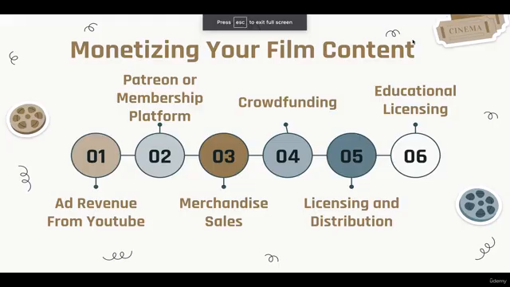Okay, so let's move on to the second business model: Patreon or membership platform. You should consider creating a Patreon or similar membership platform where fans can support your work by subscribing for exclusive content, early access, or other perks related to your AI generated films. The business model is very similar to Netflix.